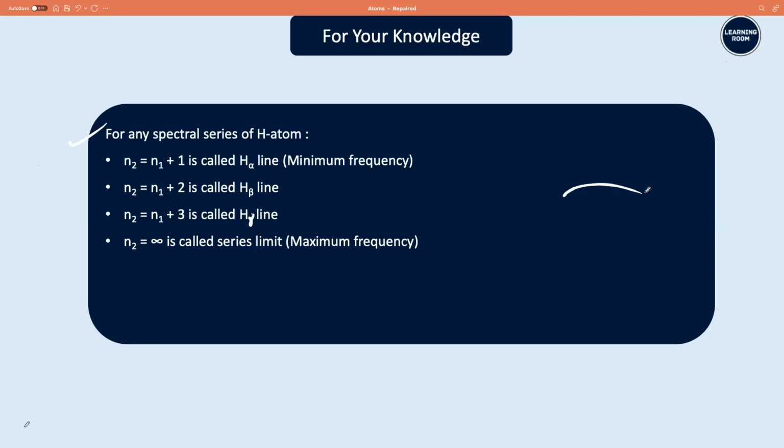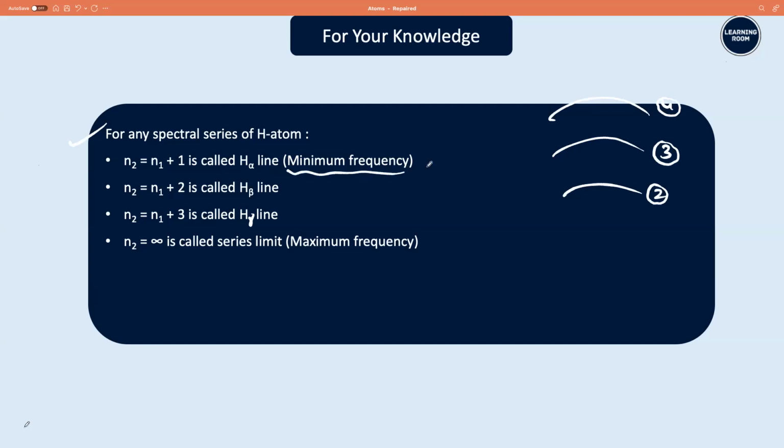Supposed to land at the second orbit. So n1 is 2 according to Balmer. So for you to obtain the H alpha line, an electron should make a transition between the third orbit and the second orbit. Similarly, if you want the H beta line, it should come from fourth to second. If you want H gamma, it should come from 5 to 2. So like this, it keeps on going.